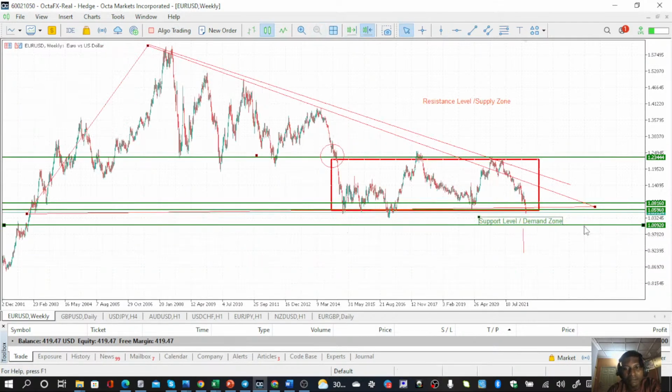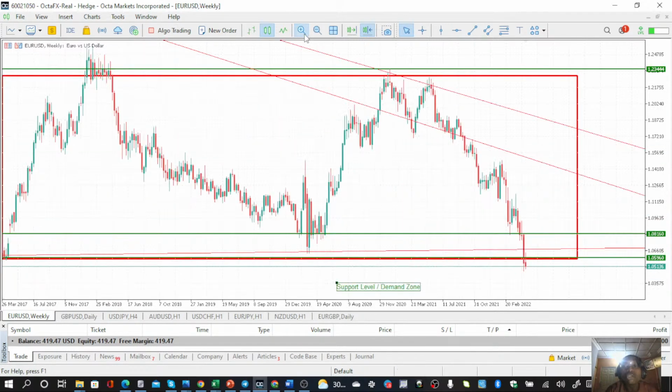Can you see that? Because this level is the next support level. So what do I do now? I want to short the market.